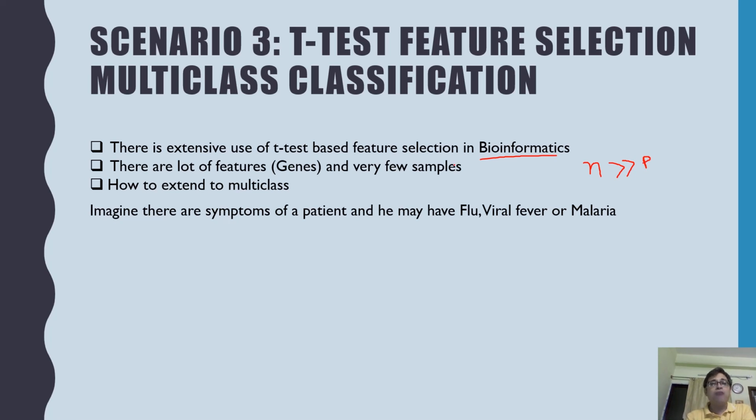However, in bioinformatics it is just the other way around. Here you have a number of patients which is much less than the number of features, which are the number of genes. The genes run into 10,000, 15,000 like that. So the t-test can be very effective in this kind of scenario. Now the question still remains how to extend this to multi-class.